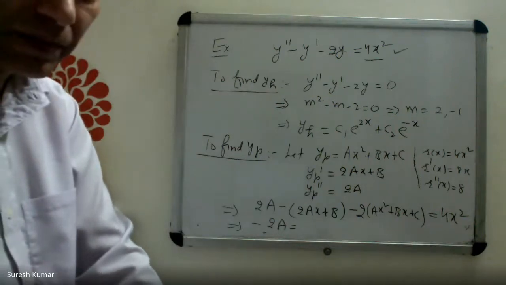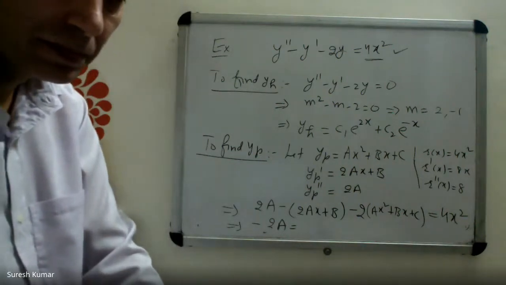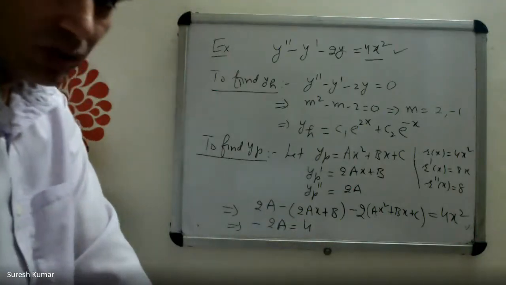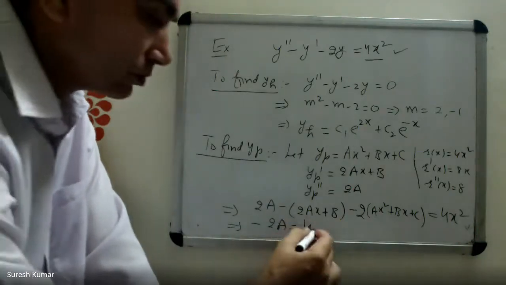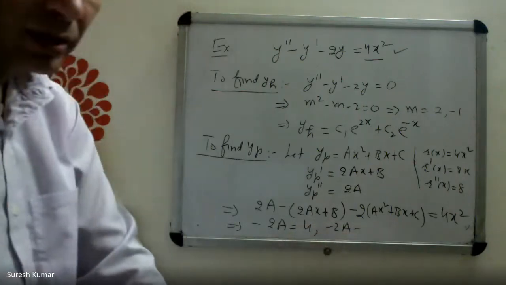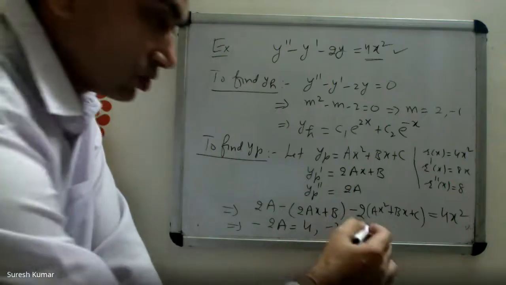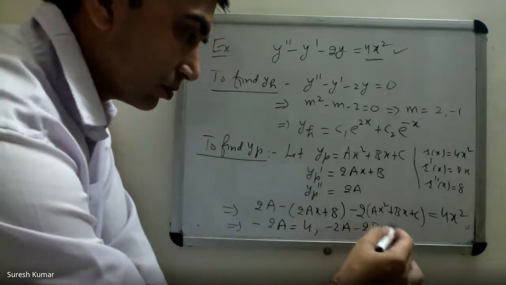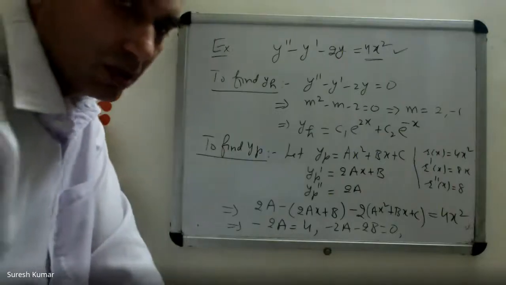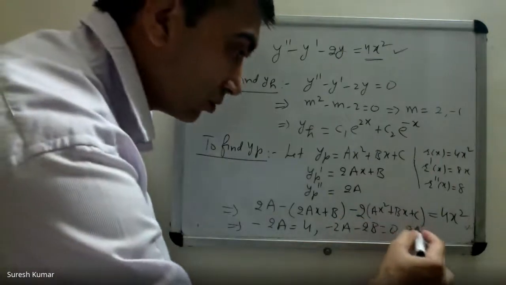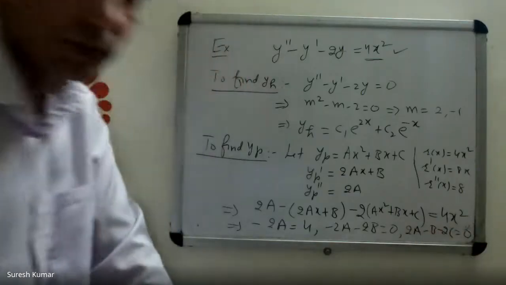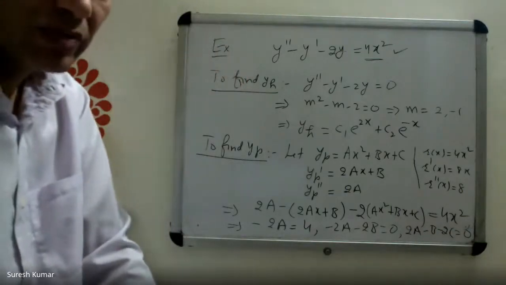Write them. Just check it. I'm writing here: minus 2a equal to 4, minus 2a minus 2b equal to 0, and 2a minus b minus 2c equal to 0. Check whether these are correct.